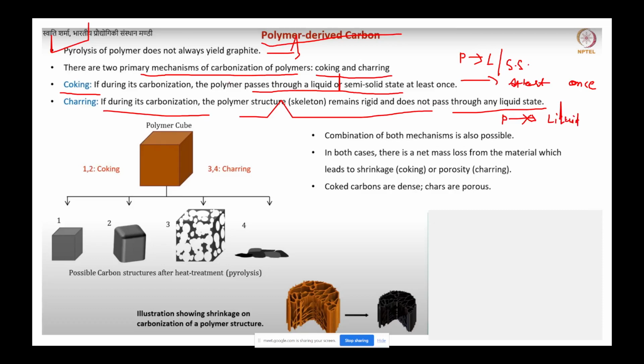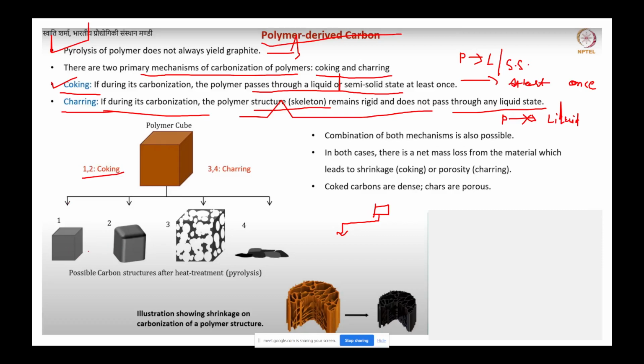It will remain like a skeleton, rigid. This mechanism is called charring, and the other is coking. Suppose you have a polymer cube and you do a coking mechanism. Here it has passed through a liquid or semi-solid state at least once, so you get this kind of structure. But in charring, because it does not pass through any liquid state, it remains rigid and the skeleton remains. That's why you will find a porous structure.